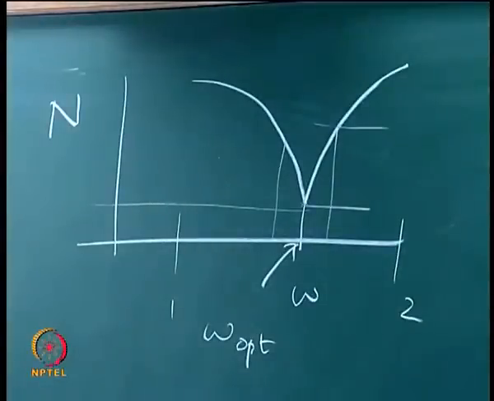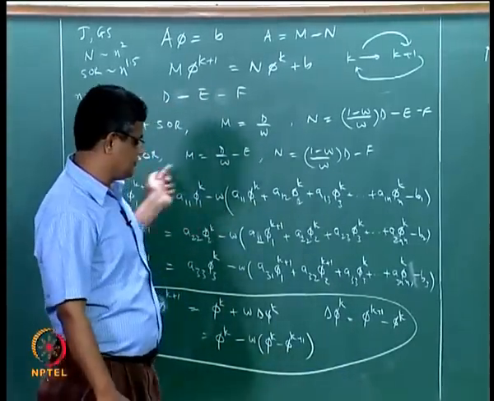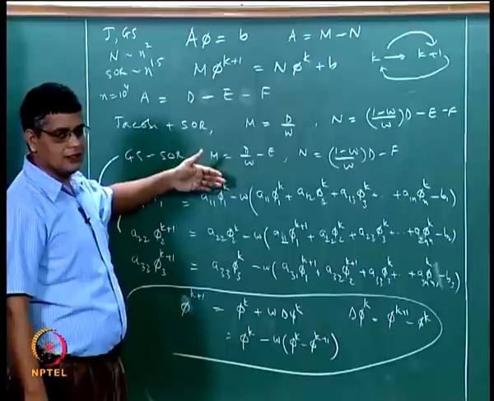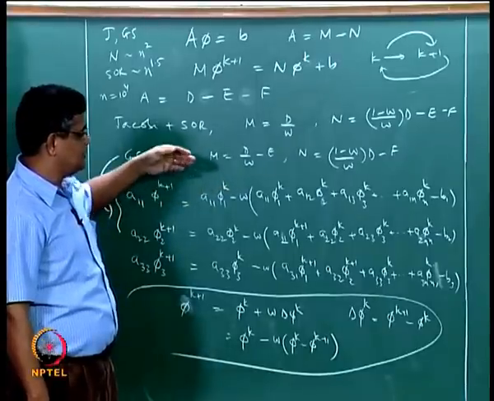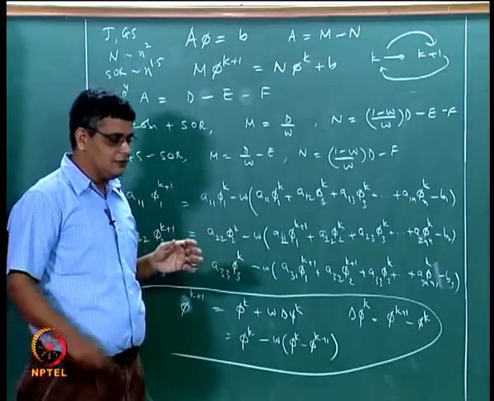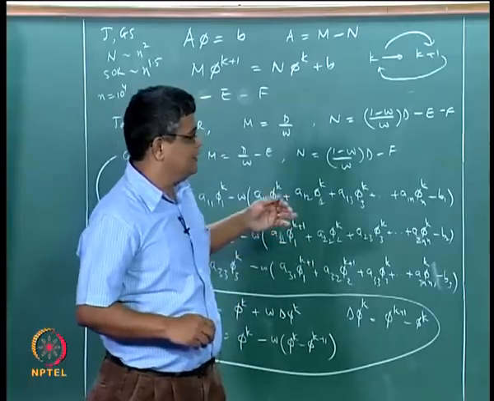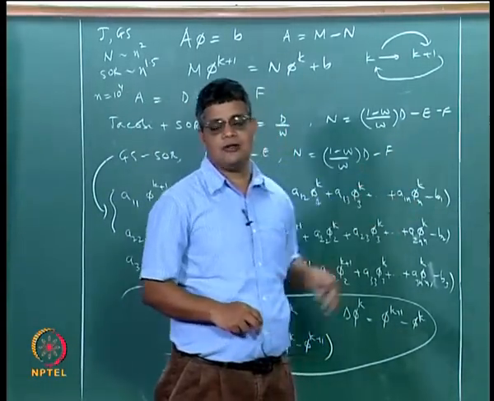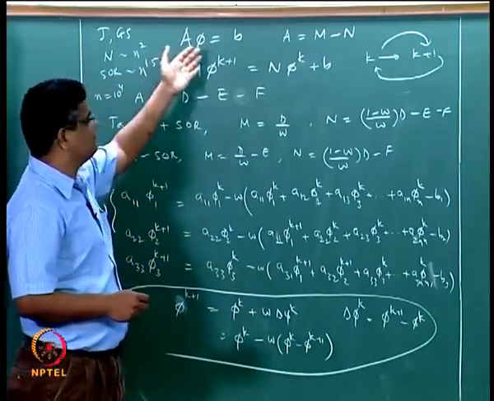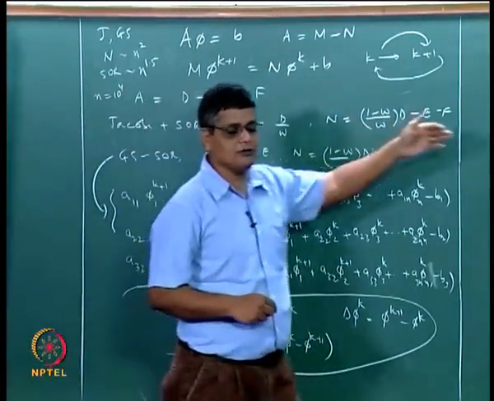What is important is that we have to specify the value of omega in order for this scheme to work. So the parameter omega, the over-relaxation parameter, is an input to the scheme, and we have to choose it. For some theoretical cases, we can determine a priori the optimal value of omega, but for the general case, when you are talking about a general A phi equal to b type of solution, we do not know the value of omega.